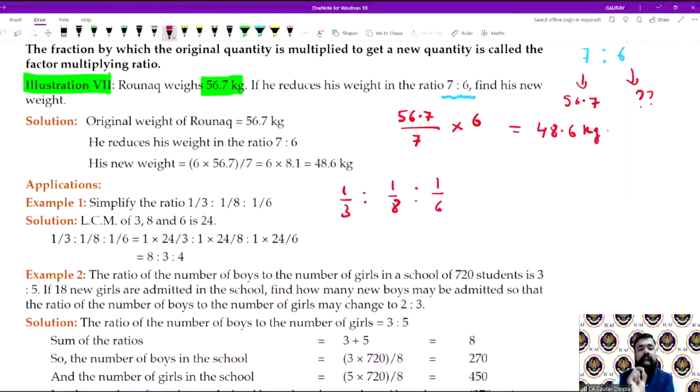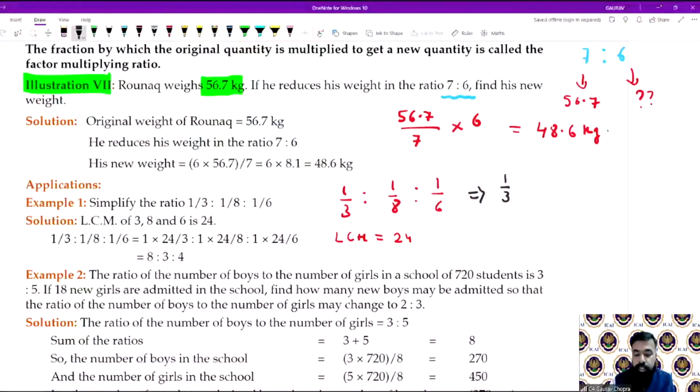Just find the LCM of all these numbers, 3, 6, and 8. We know that the LCM is 24. Now multiply each and every term by 24.